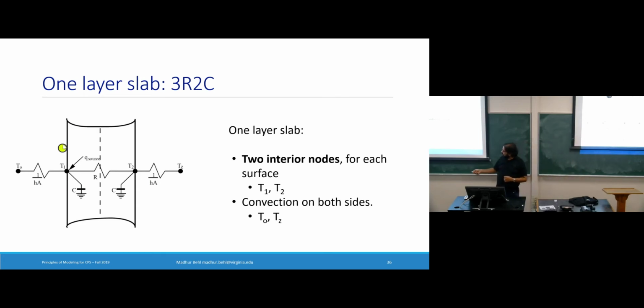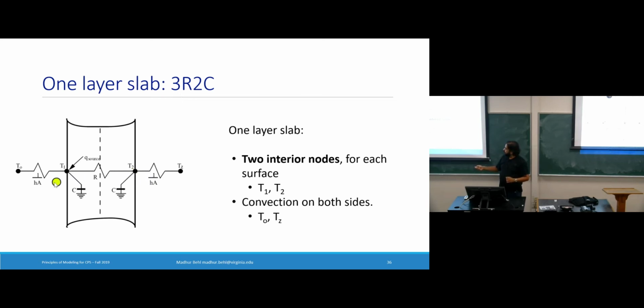Then I say that T1 can be thought of as a state of this model. T1 is going to be responsible for some conduction through the wall, where we have to assume that the inner surface of the wall is at temperature T2.